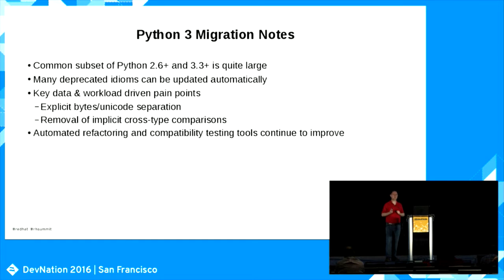This is not particularly intuitive and it's not particularly meaningful, so Python 3 doesn't do it anymore. It just says that operation doesn't make any sense. Please give me a key or something.